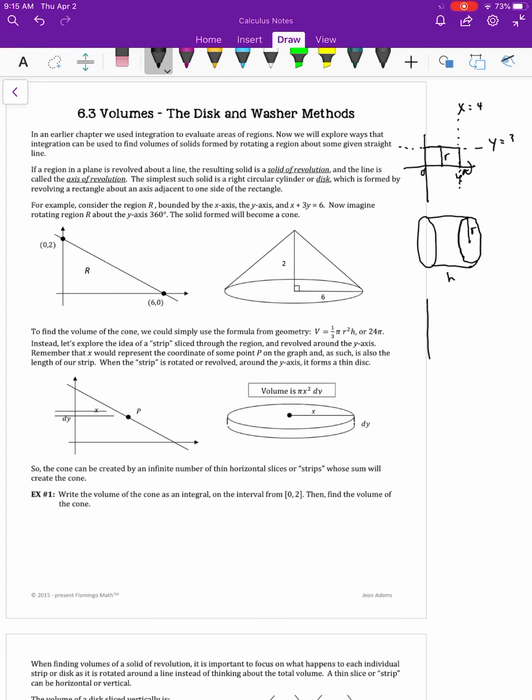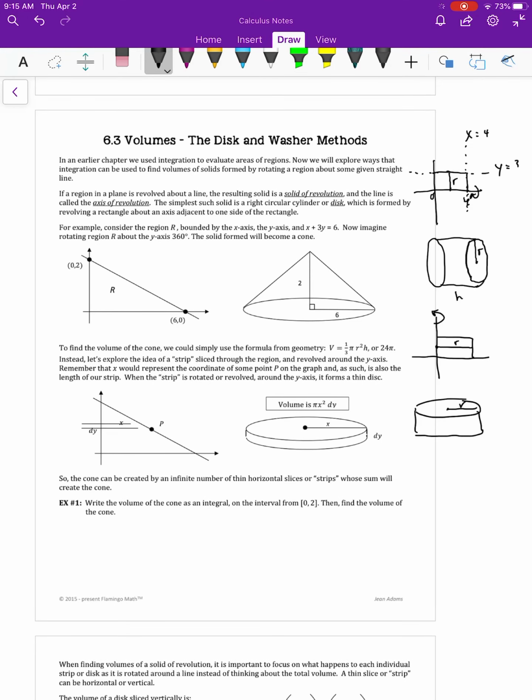Now you could take that same rectangle and spin it about the y-axis, and then that would produce this cylinder. And this would be your radius. Okay? So that's what they're talking about there. So now, what if we took a linear function, and you can see that what you have here with the x-axis and the y-axis is a triangular region.